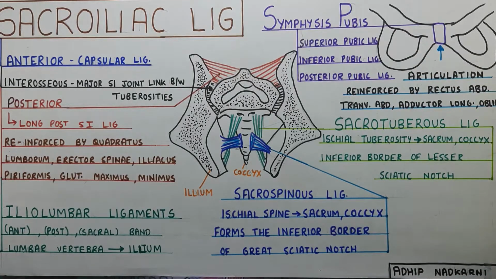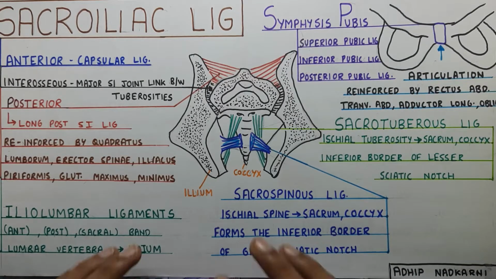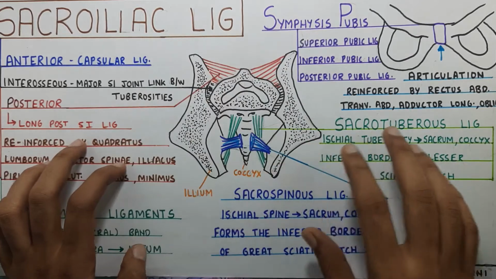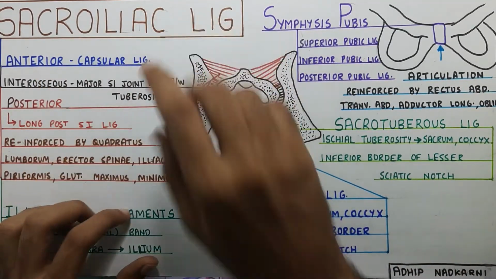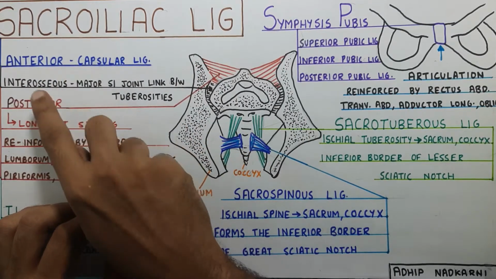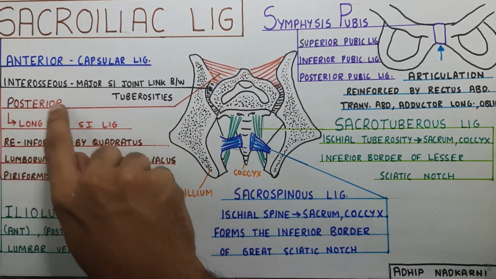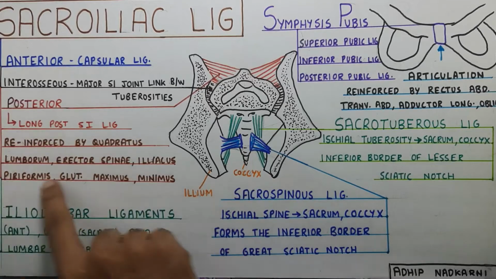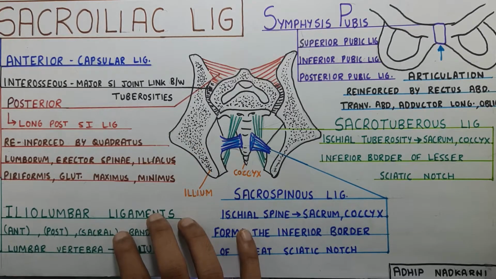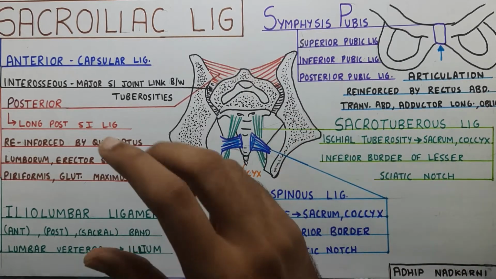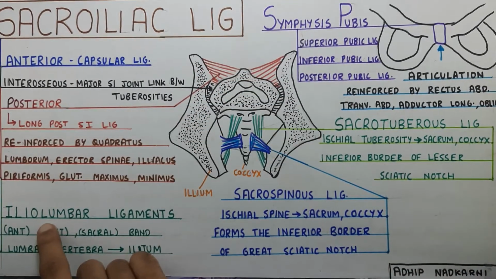So now let's summarize this topic really quickly. The sacroiliac joint has many ligaments around it which provide stability. The sacroiliac ligaments are anterior and posterior, and then there is the interosseous. The posterior ones are very strong because they are reinforced by so many muscles, right? Then the iliolumbar ligaments are present, which connect your lumbar vertebra and the ilium.